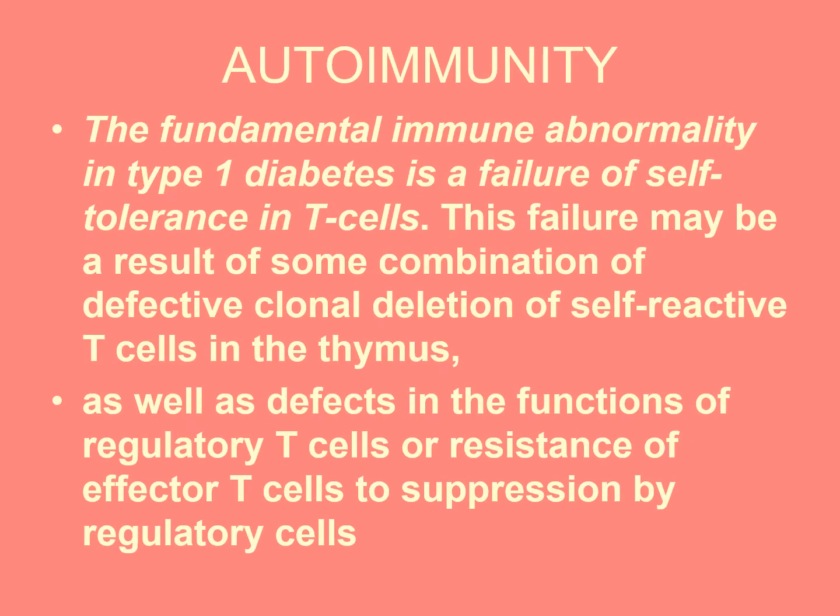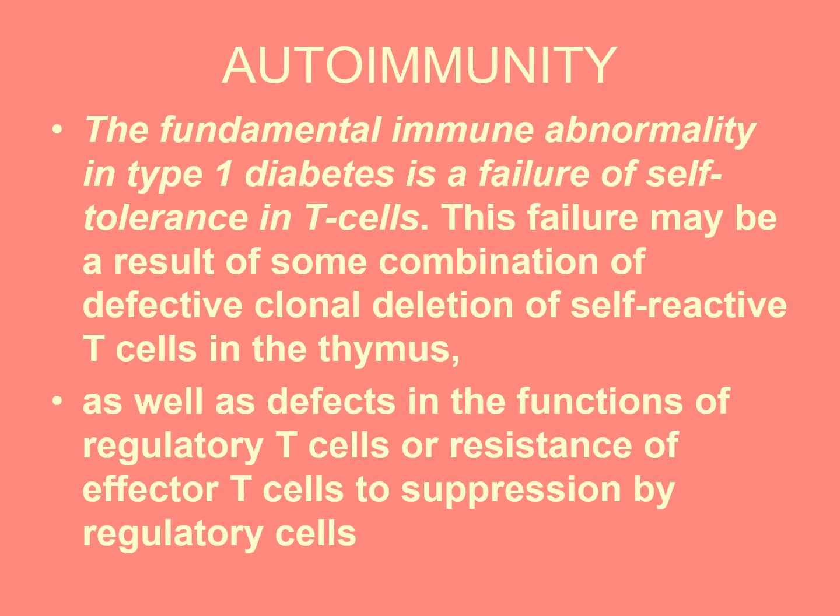The autoimmunity is a fundamental immune abnormality in type 1 diabetes, a failure of cell tolerance in the T cells. This failure may be a result of some combination of defective clonal deletion of self-reactive T cells in the thymus. You all remember that as the child is born, as the neonate comes into this world, there are certain autoreactive clones which are progressively destroyed or deleted from our immune system, so they may not destroy our own system.